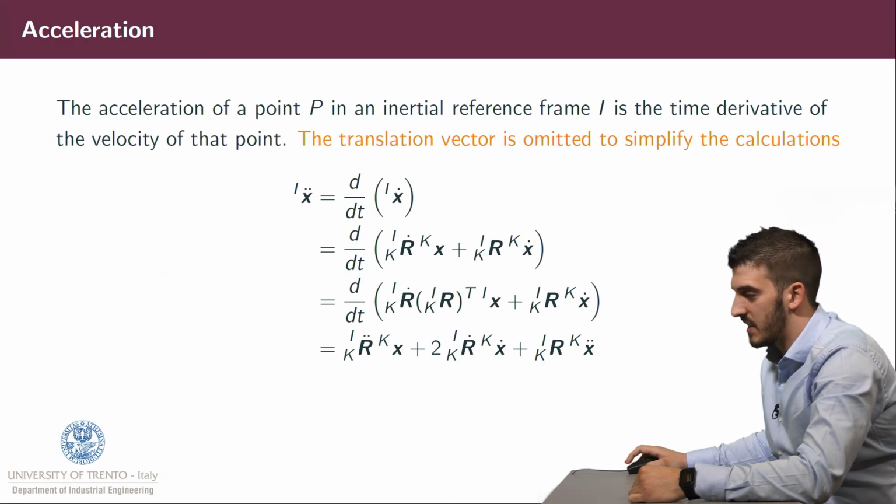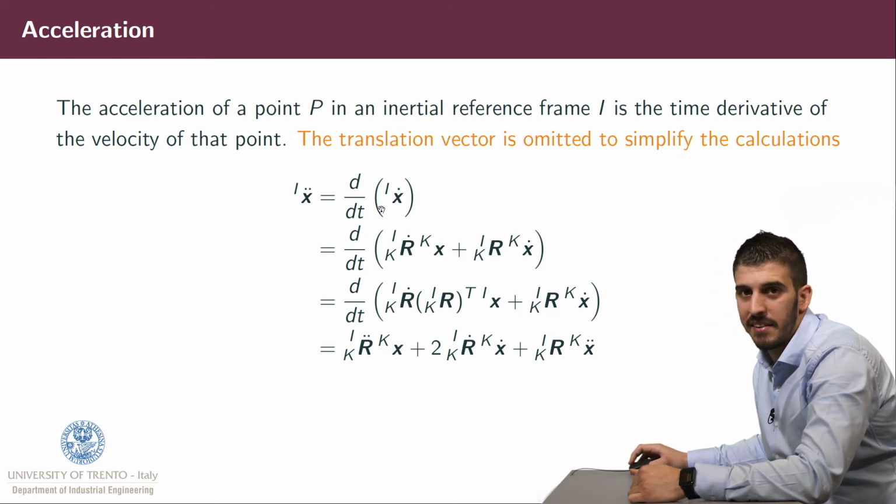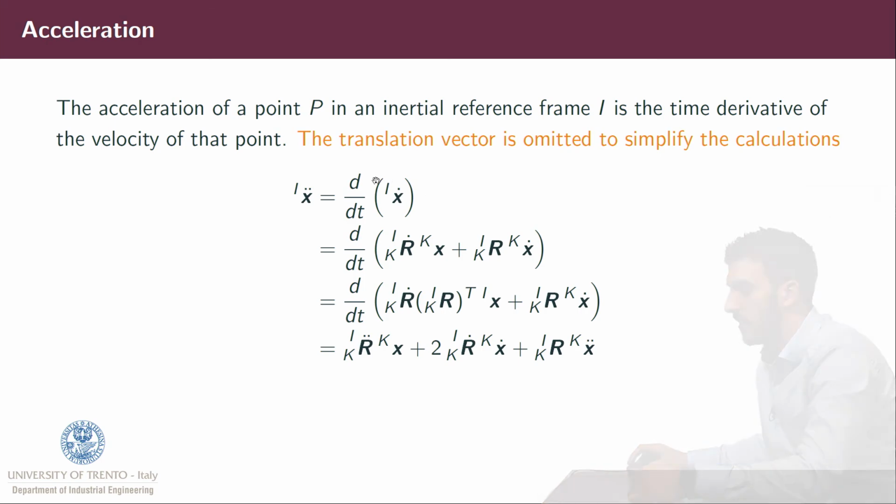Now let's derive the acceleration. For the acceleration, we have to differentiate the velocity again in time. So we plug in the expression we already found for the velocity and differentiate it.